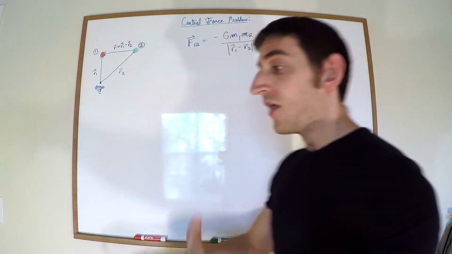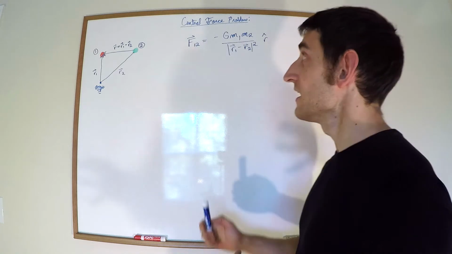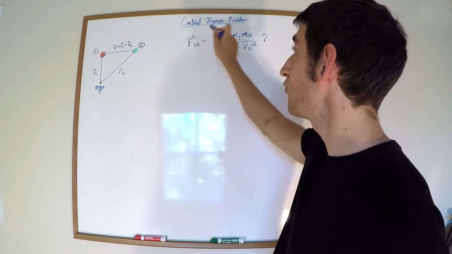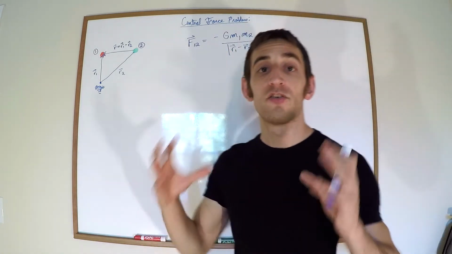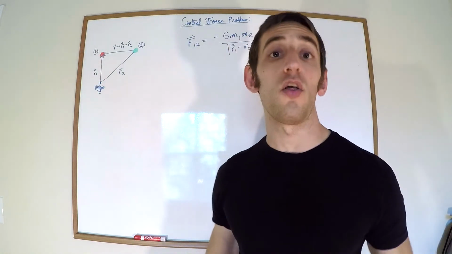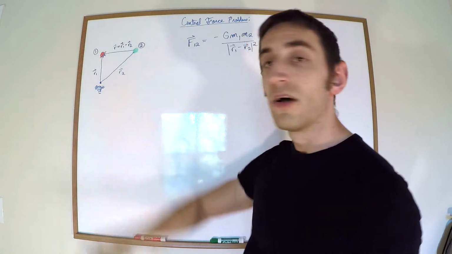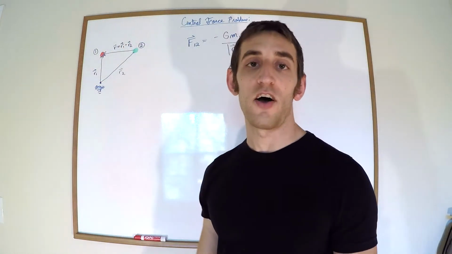So, the system we're going to use to derive the planetary orbits is the following. We're going to use a two-body central force problem, okay? What that means is we're going to consider two massive bodies. Body 1, I'm going to call the sun. We're just going to use that for example. And body 2, I'm going to call the earth, okay? That's why it's green and the sun is red.